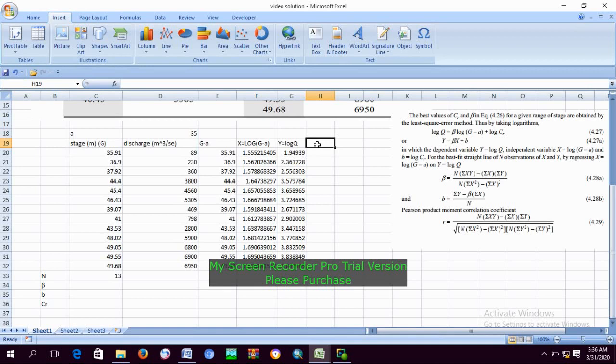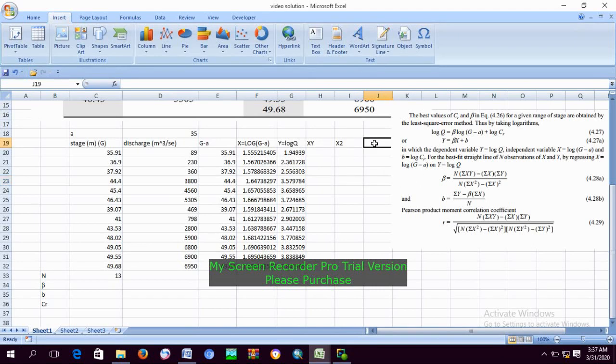Then you can calculate xy. First calculate x square, or simply xy, and x square. First calculate this parameter. If some parameters that are required are left, we can calculate them. From this there is y square.